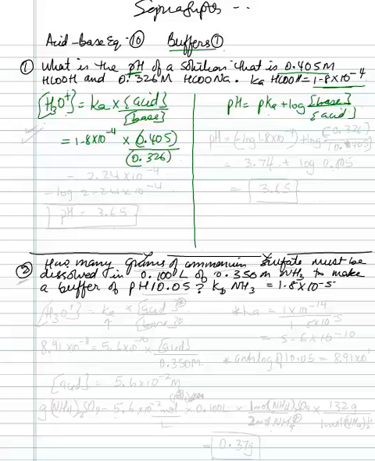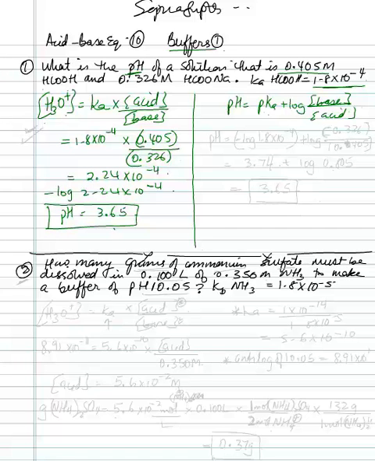And so once you calculate all of this, it's going to be 2.24 times 10 to the negative 4, and that's the hydronium ion. So then take the negative log of 2.24 times 10 to the negative 4, and you get the pH of 3.65. Okay, so this is one way of doing it.